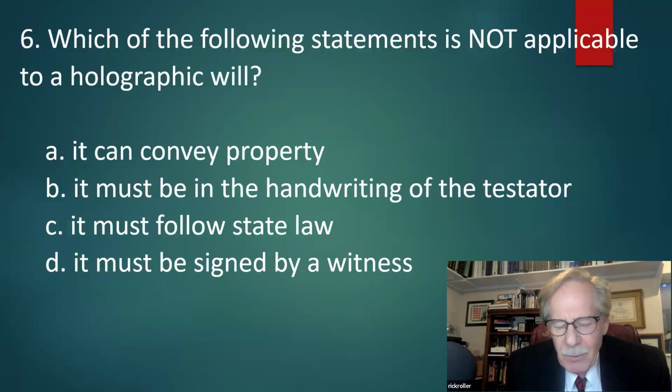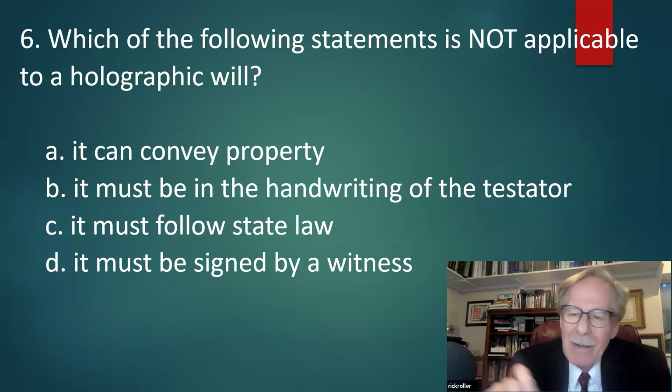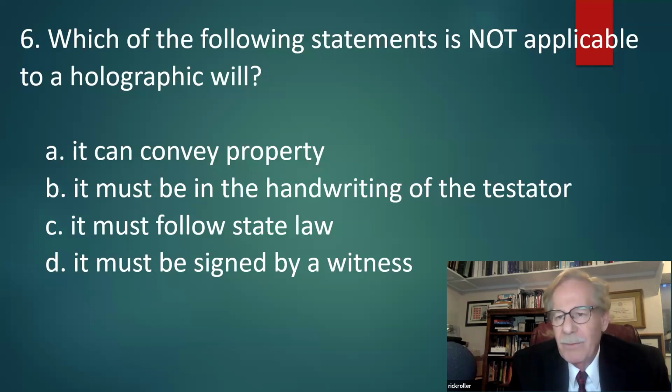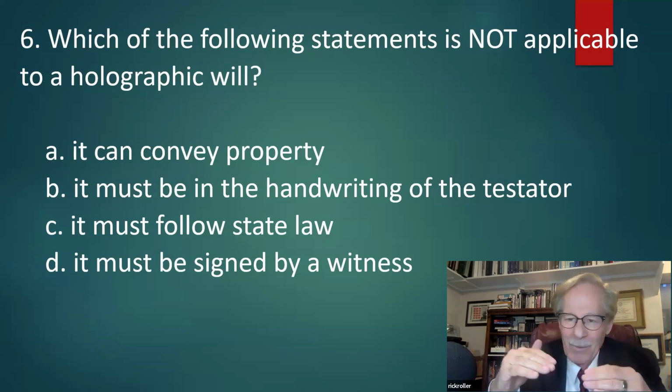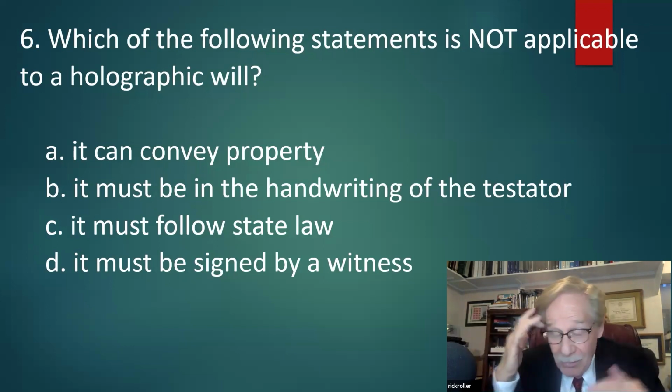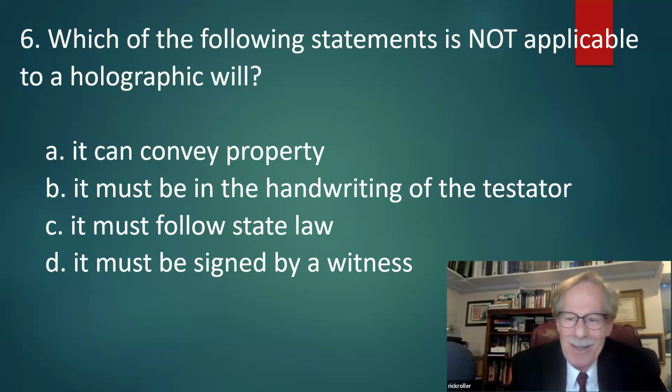Number 6 says, which of the following statements is not applicable to a holographic will? Now, a holographic will is a will done in the handwriting of the person making the transfer. Probably the most famous holographic will was that of a multimillionaire, one of the richest people in the United States, who owned casinos in Vegas and that kind of thing.